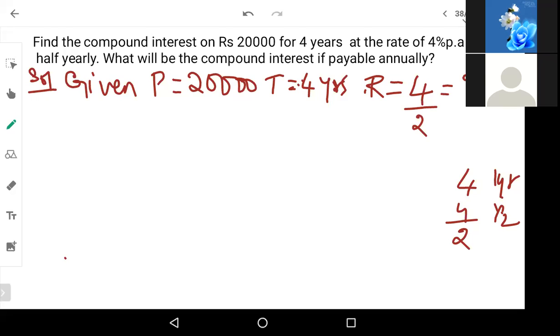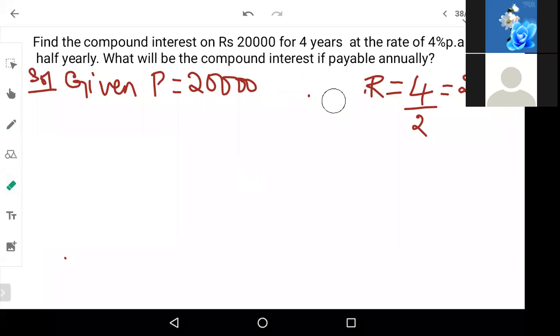So my rate of interest will be only 2%. Is that clear? Because first we are calculating for half a year, so we reduce the rate of interest to half of it.